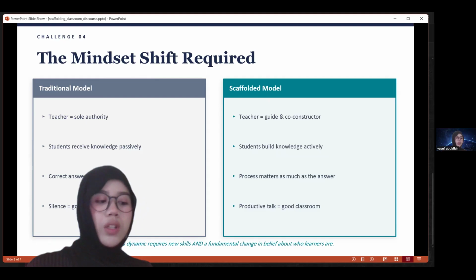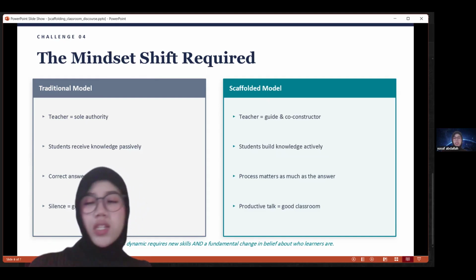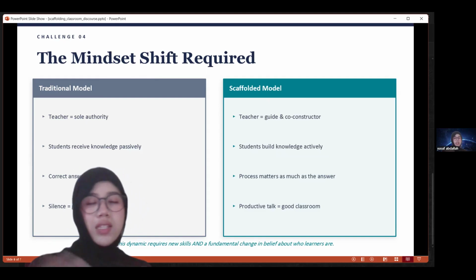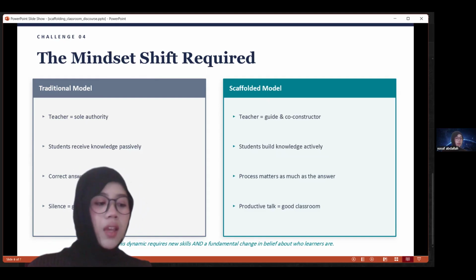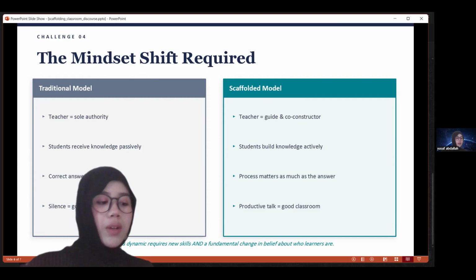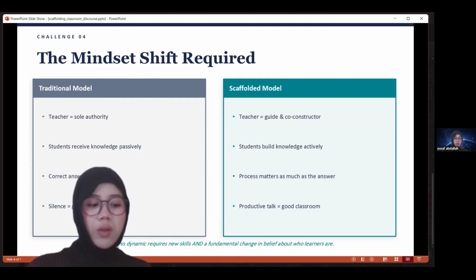Students actively build knowledge, and the process matters just as much as the answer. And productive talk, students asking, discussing, and questioning, is actually a sign of learning happening. That shift isn't just about learning new techniques, it's about changing your fundamental belief in what students are capable of.